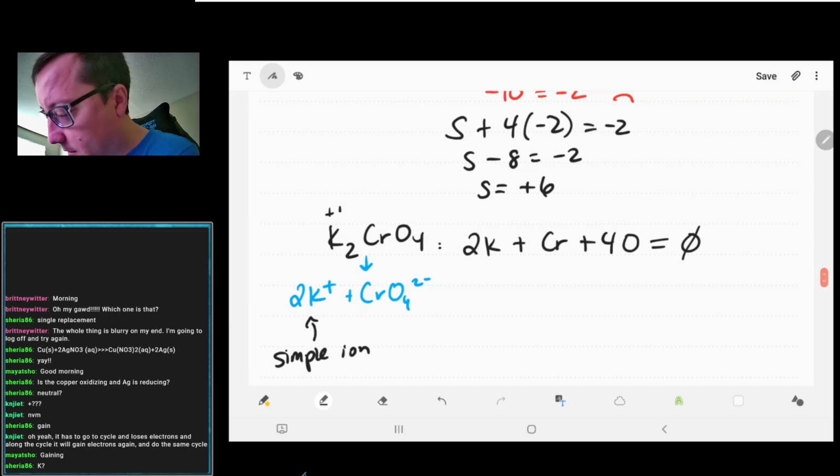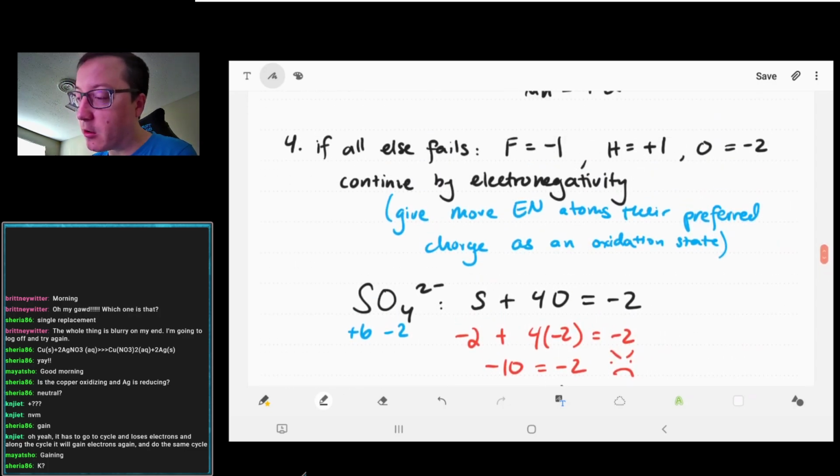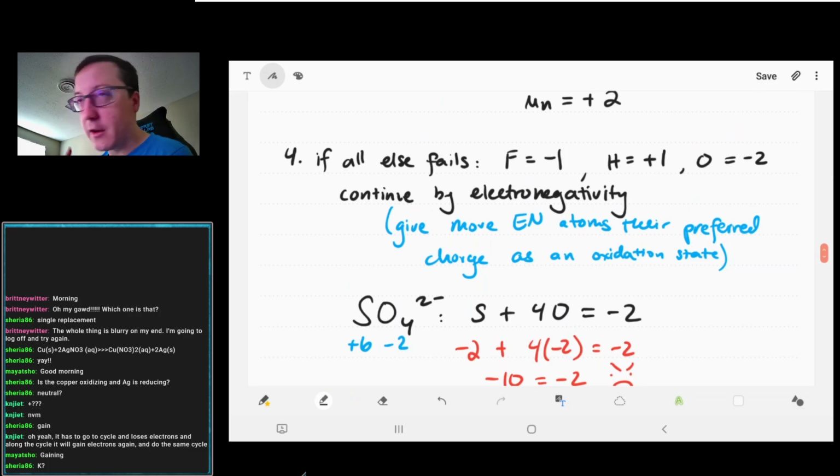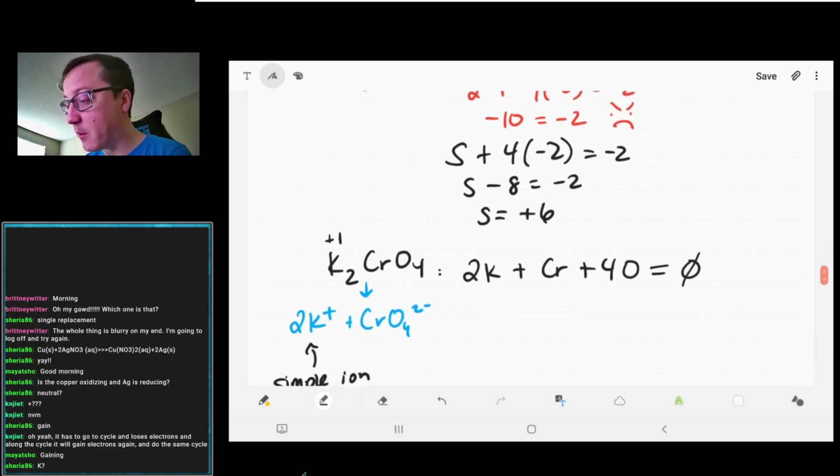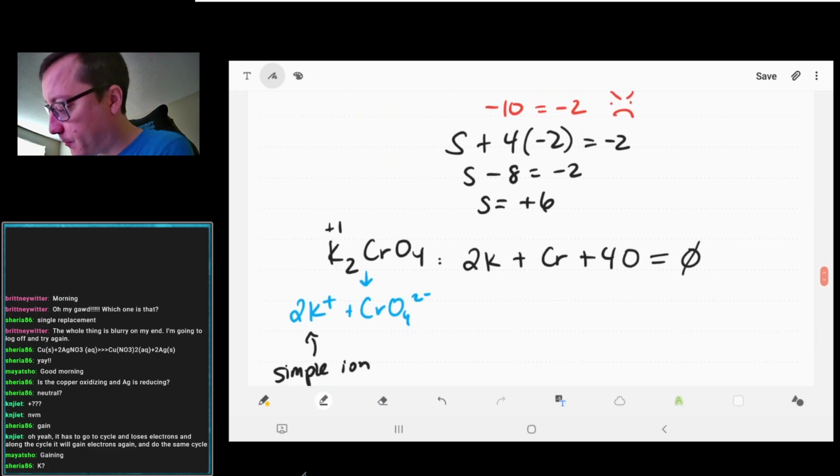I'm going to write them on top this time. Alrighty. So we have one of them now, but we still have two that we don't know. So we're going to now go to our fourth rule. We don't have fluorine in here. We don't have hydrogen in here. Our next one says oxygen is going to be -2. And once we have that, we can figure out what the last one is going to be. So let's go ahead and plug in these numbers.